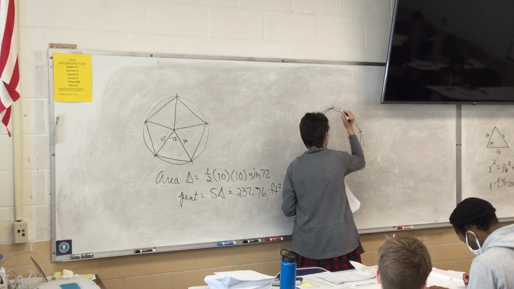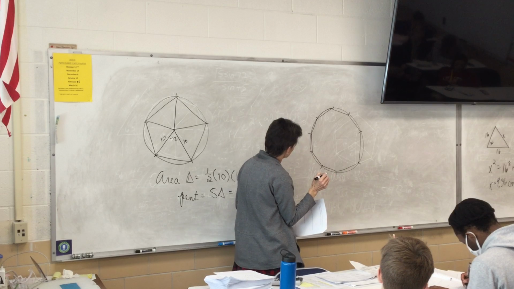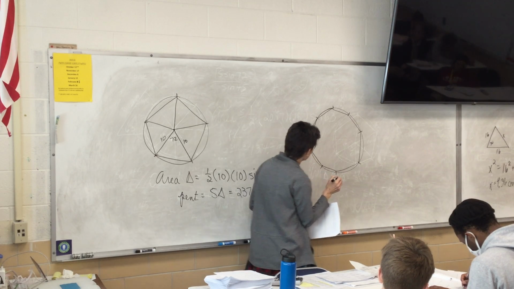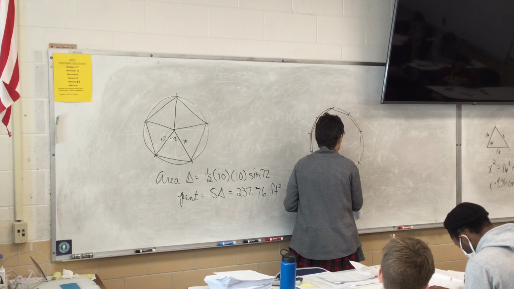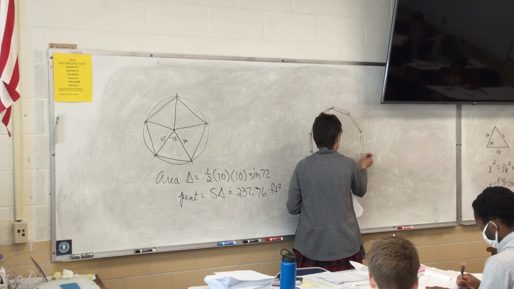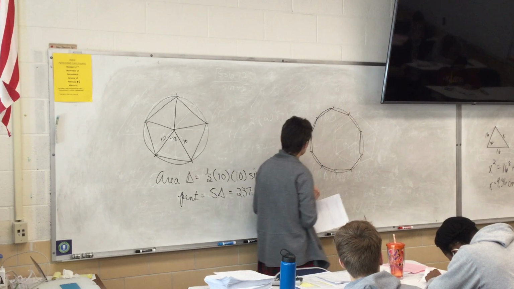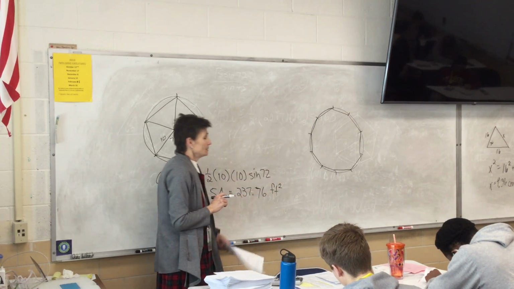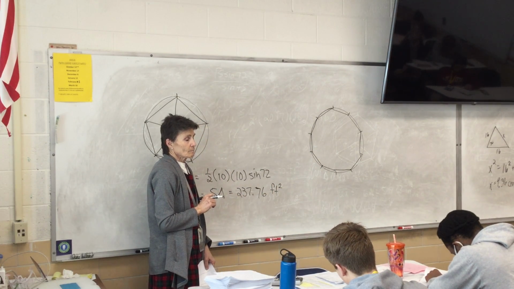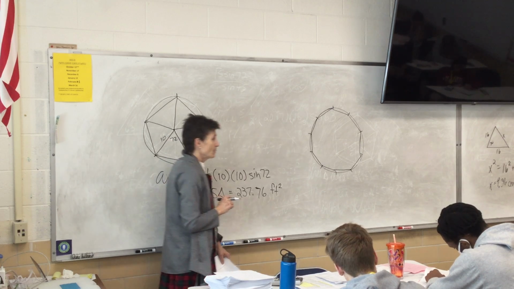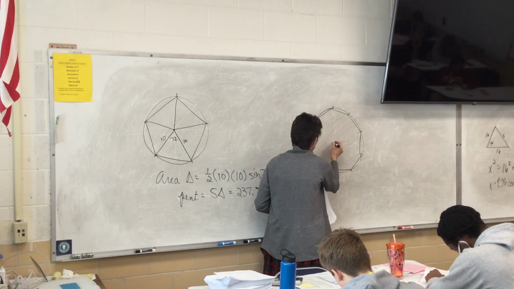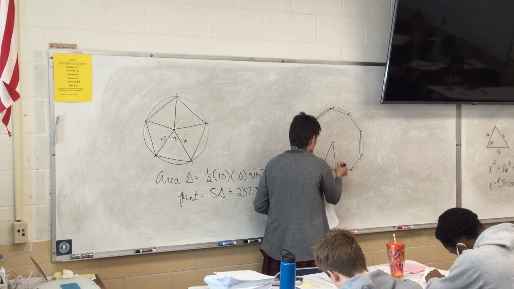Not a very good shape there. Oh, actually, I think I don't have enough marks. Okay, now I think I got it. And we know the radius of the circle is 15.